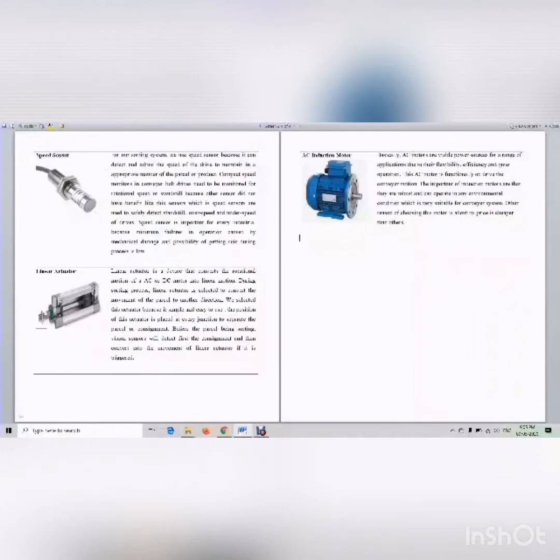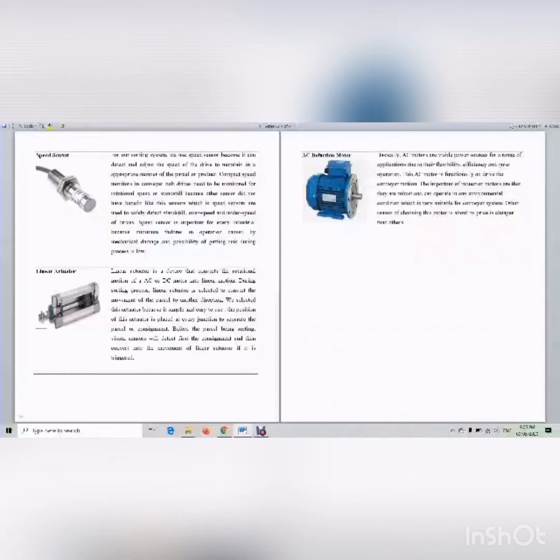So next is the speed sensor. We use the speed sensor to detect and adjust the speed of the drive. Speed sensor ni penting sebab untuk mengurangkan sebarang kecelakaan apabila operation. Kalau tiba-tiba laju sangat, barang boleh rosak, terjatuh, dia boleh kawal speed.